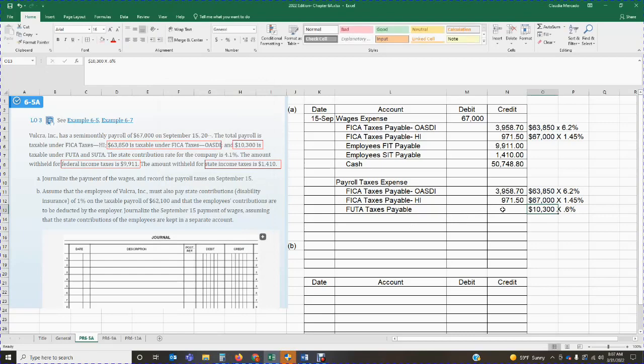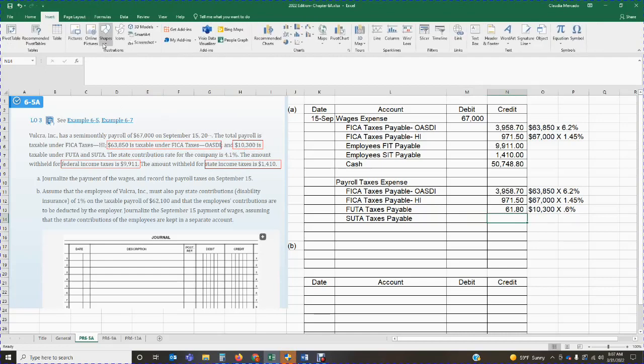Okay, so remember, all of these are payables. Normal balance of a payable is a credit. And then last but not least, we have our SUTA taxes payable. For your SUTA taxes, remember, 10,300 is taxable for FUTA and SUTA, so that is my basis. And then my state contribution rate is 4.1%.